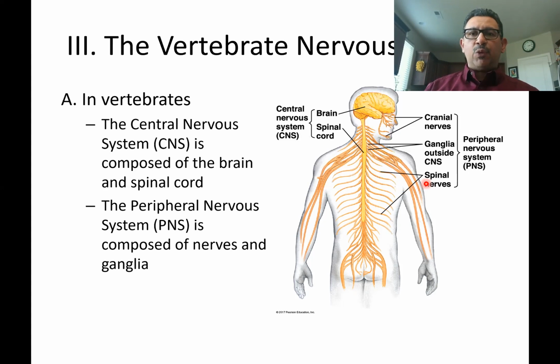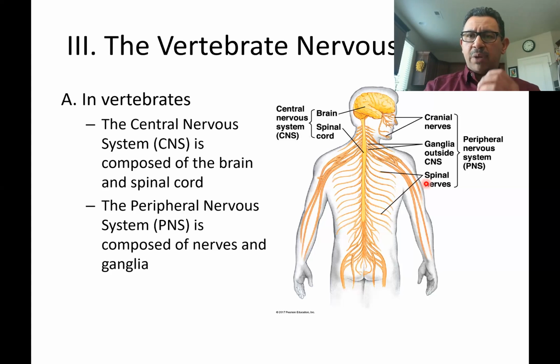What I mean by the word effector is an organ that can produce a response under the coordination of the nervous system of the animal. This peripheral nervous system consists of nerves and ganglia. Again, let's review. What are nerves and ganglia?